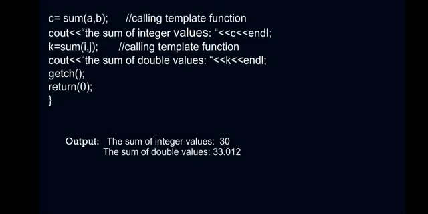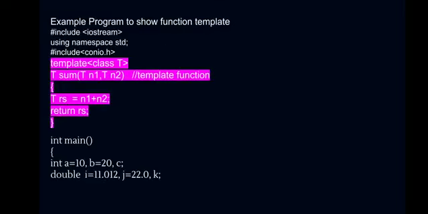Now I am calling the sum function again. I am writing a statement k equal to sum of i, j, where i and j are double values. So the data type here we are passing to the generic function is double. So t is replaced by double.